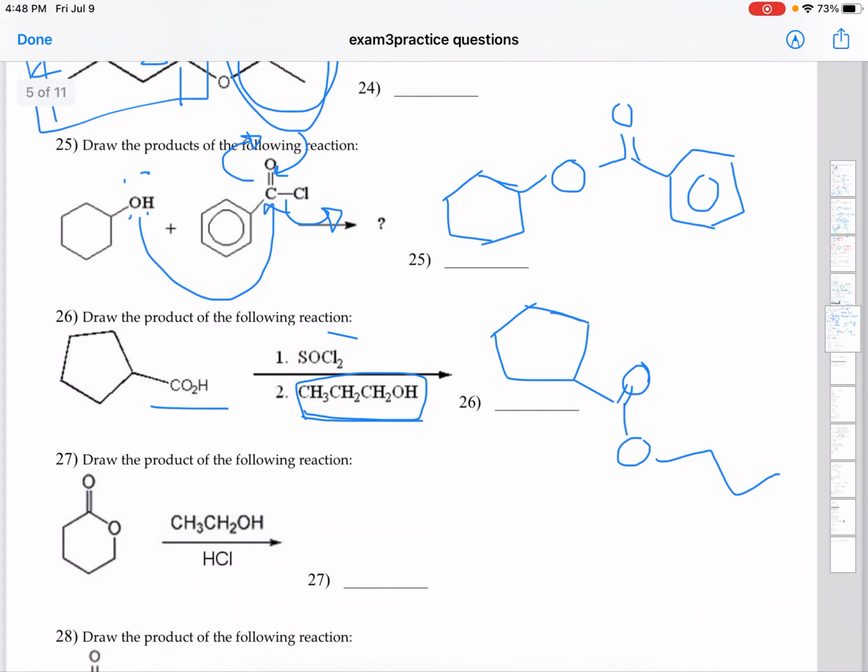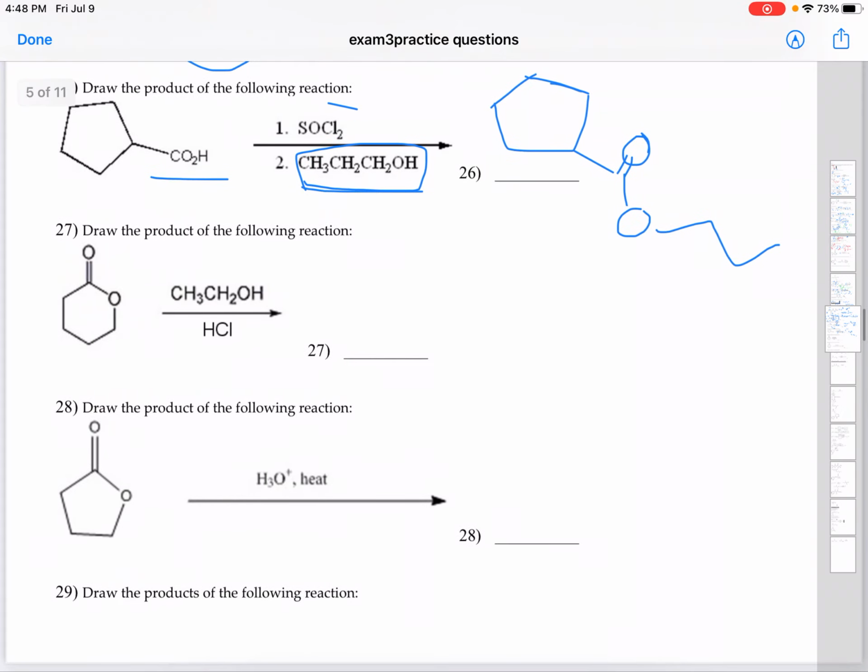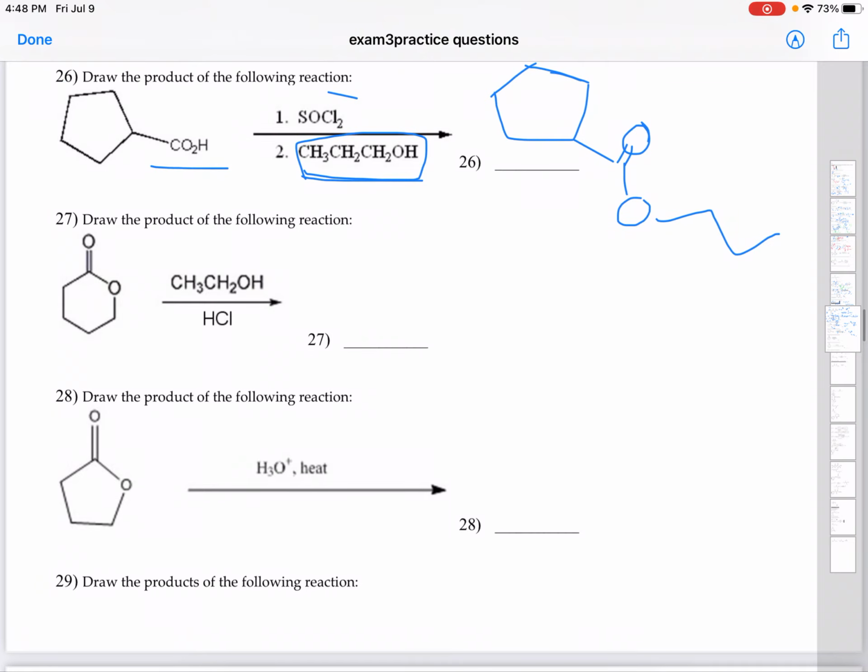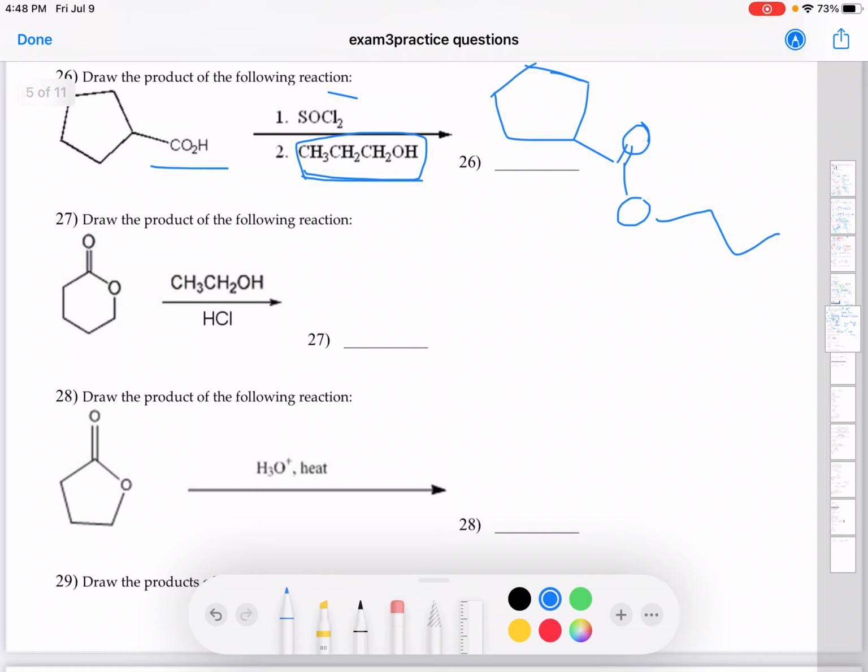and number 27, draw the product of the following reaction. Now we have a cyclic ester, and then you're going to react it with ethanol and HCl. What's going to happen here? So cyclic ester, the lone pair of the oxygen is going to attack the carbonyl carbon.